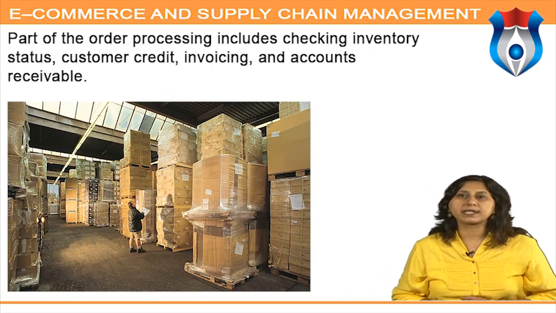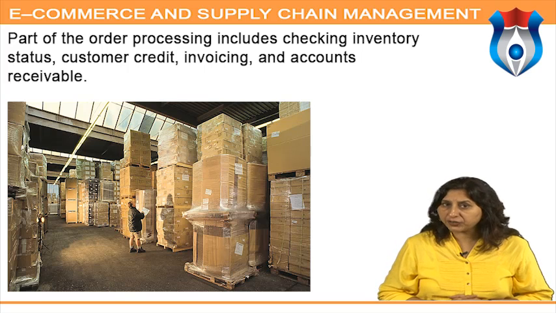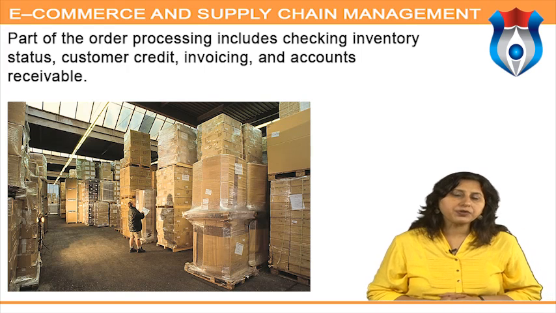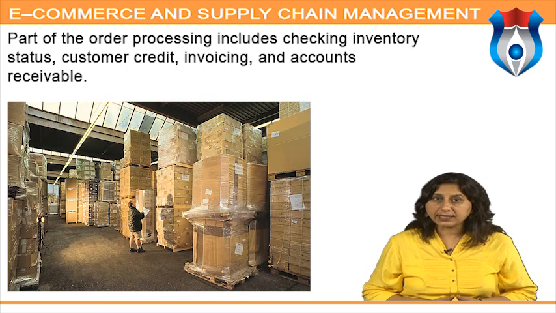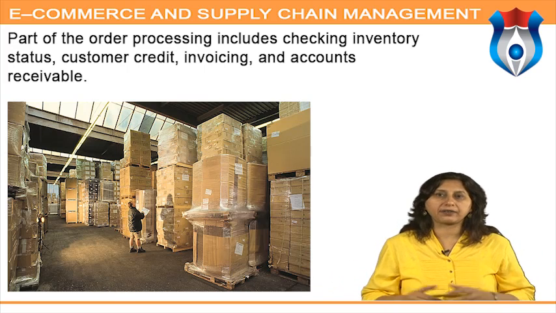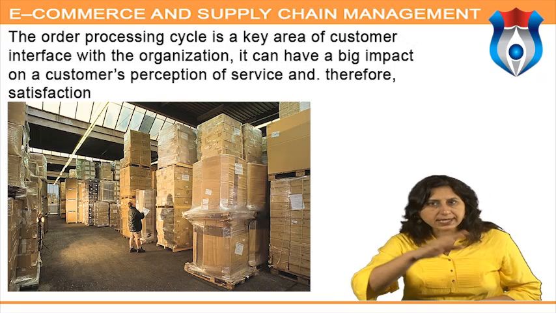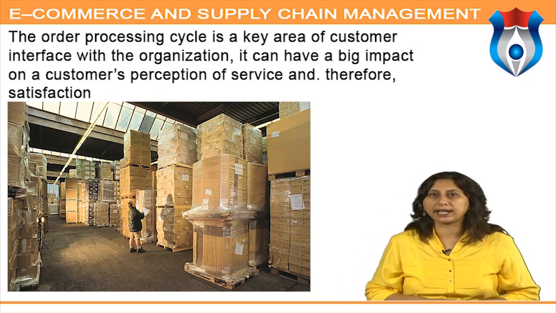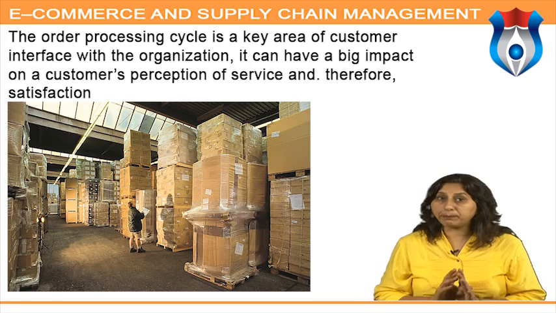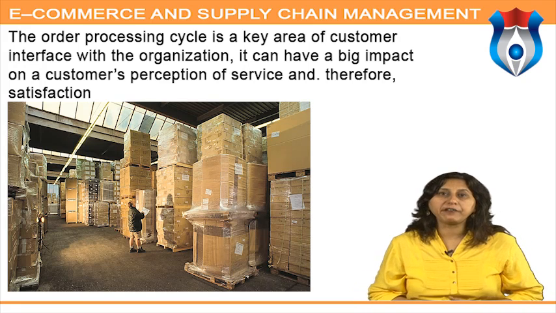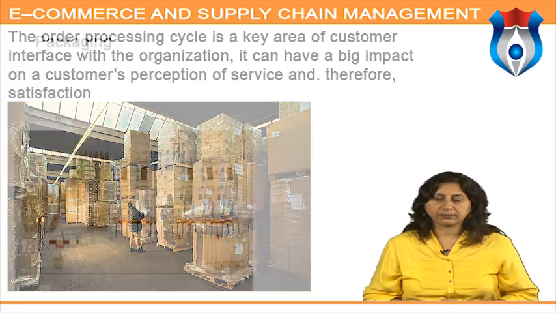Part of the order processing includes checking inventory status, customer credit, invoicing, and accounts receivable. Thus, order processing is a broad, highly automated area. The order processing cycle is a key area of customer interface with the organization. It can have a big impact on a customer's perception of service and therefore satisfaction.